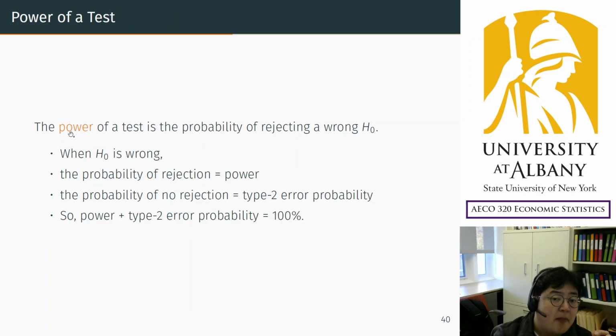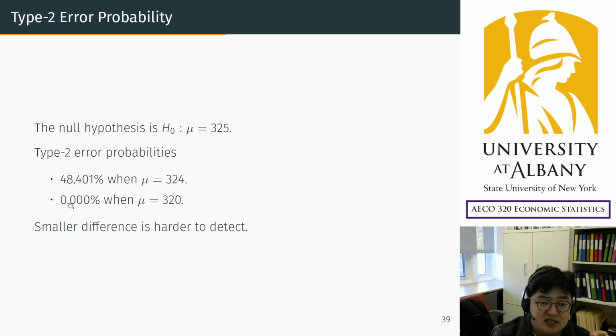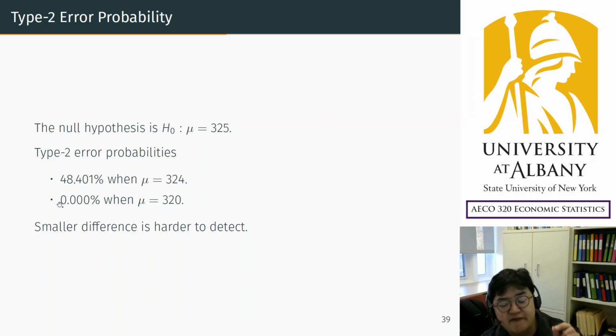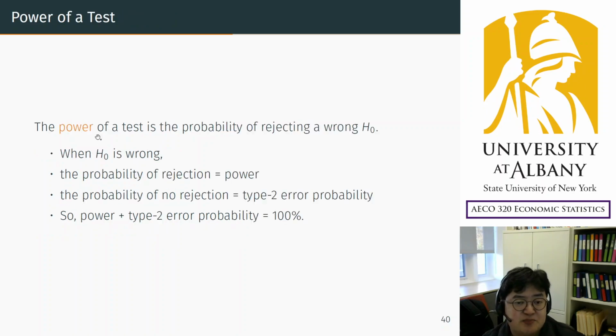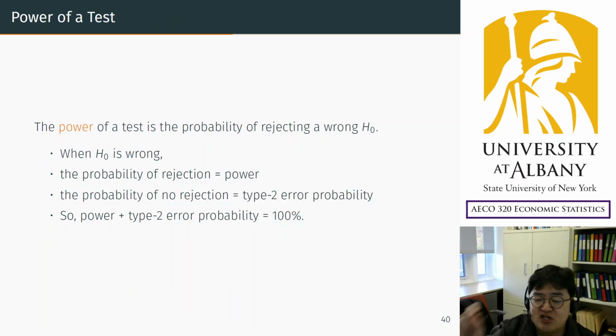That is called power, right? So in this case, when the truth was 320, you are correctly detecting the difference with 99.9999%. That is power. So we define the power of a test as the probability of rejecting a wrong belief.